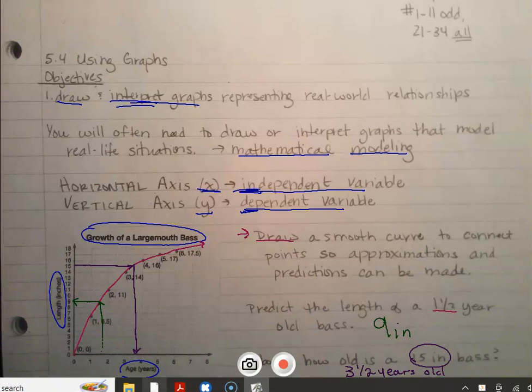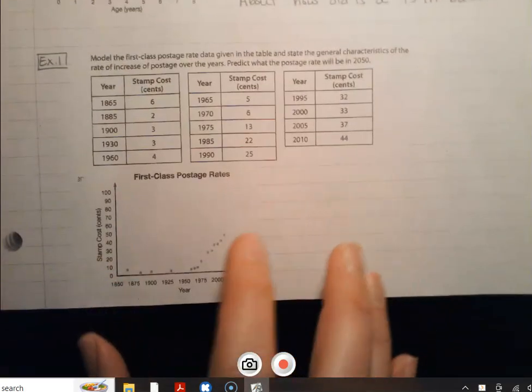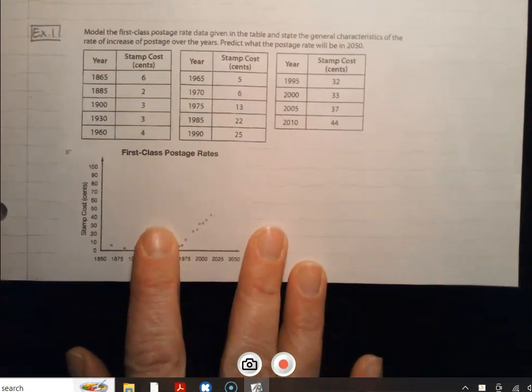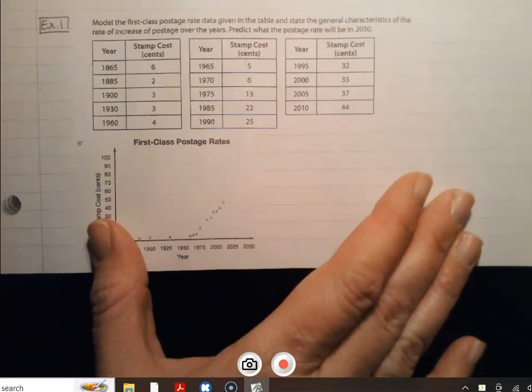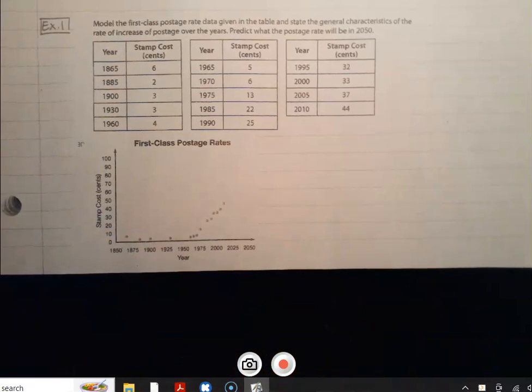All right, so let's look at the next one, which is example 1. The model's been done for you. I copied it out of the book so we could save some time. It says model the first class postage rate data given in the table and state the general characteristics of the rate of increase of postage over the years.